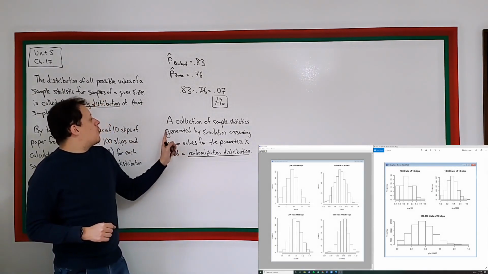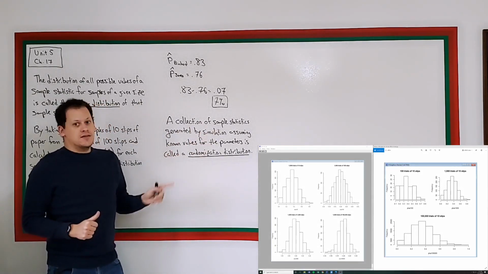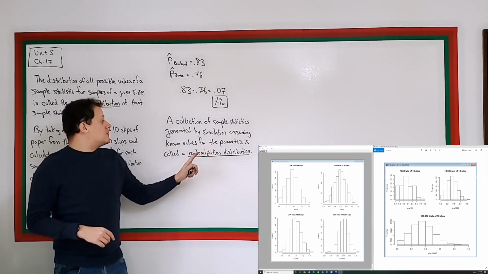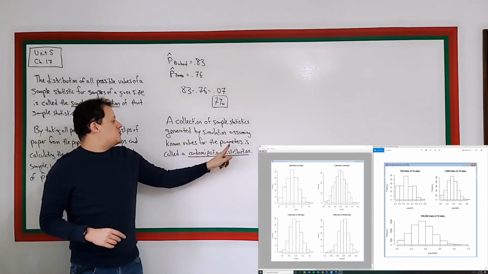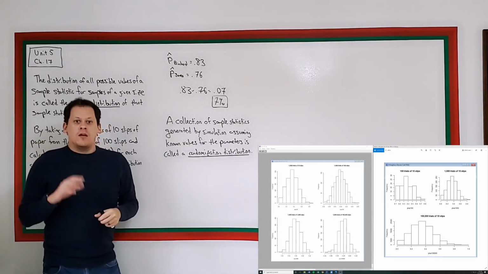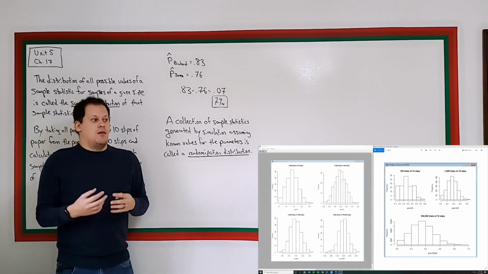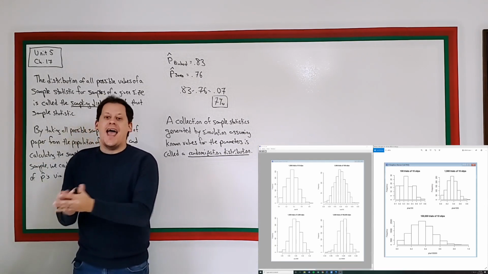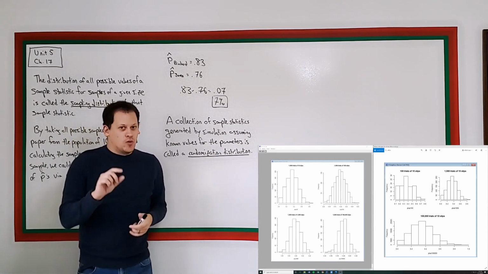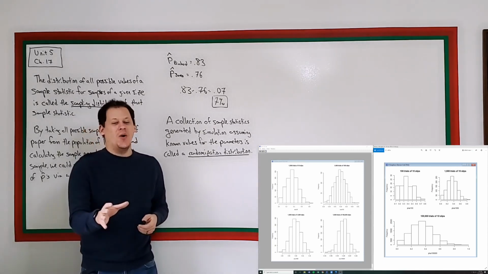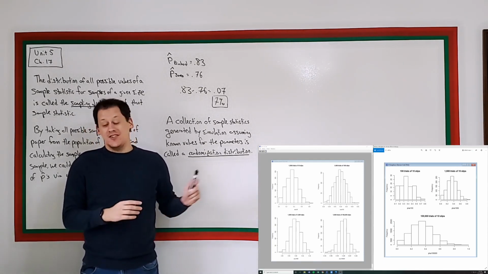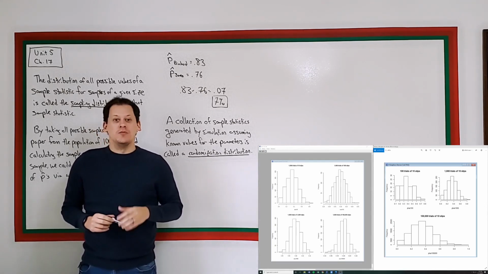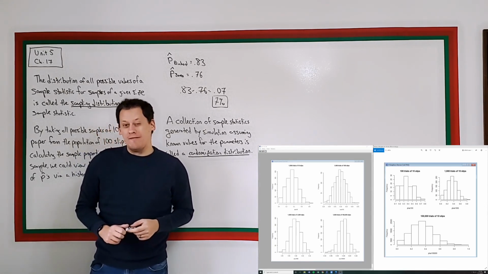So these are where you have a collection of sample statistics, so sample proportions in this case, generated by simulation, assuming known values for the parameters. The parameter in question here is what was the population proportion of ones in the hat overall. And if you were eagle-eyed and you know how to code, you might have noticed that to generate these randomization distributions, I assumed that the population proportion was 0.4.